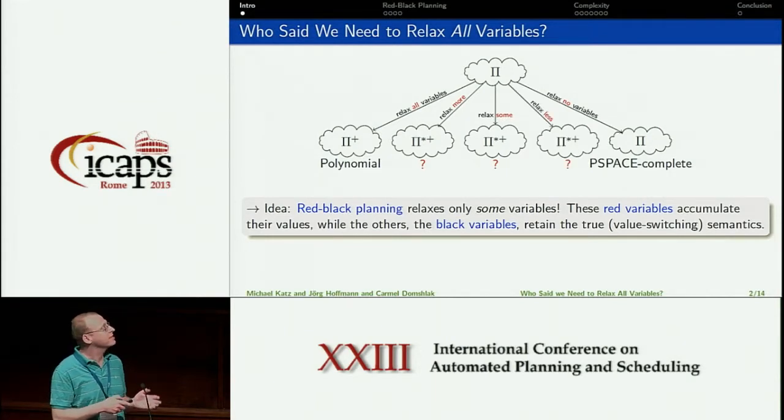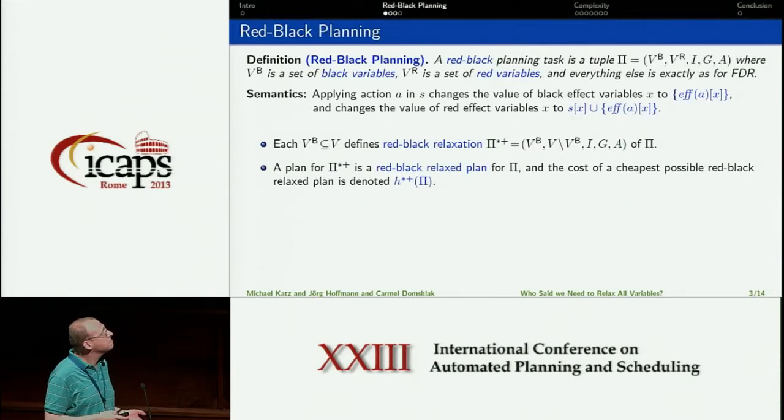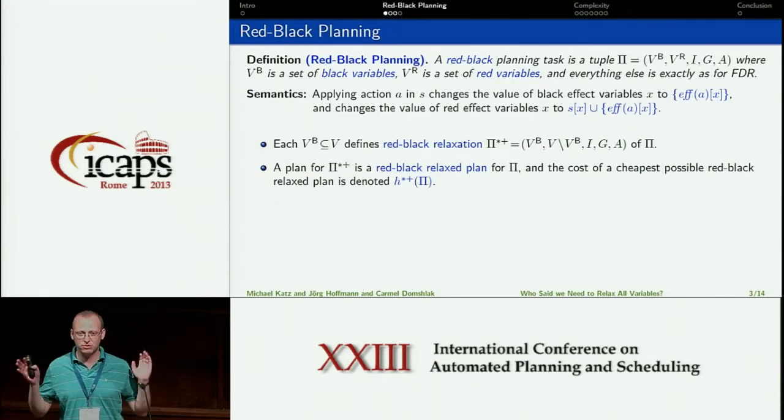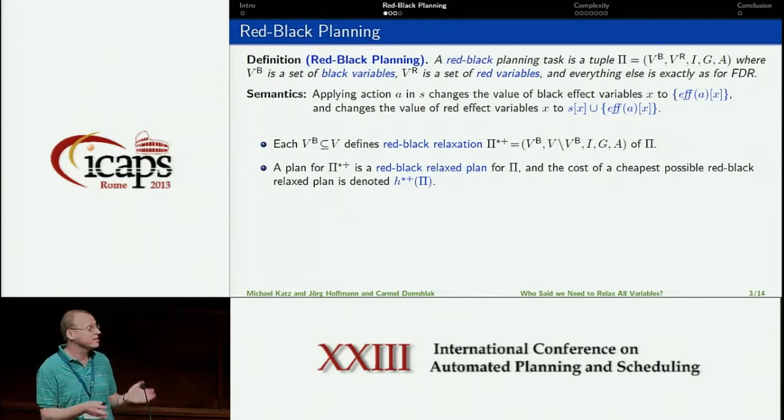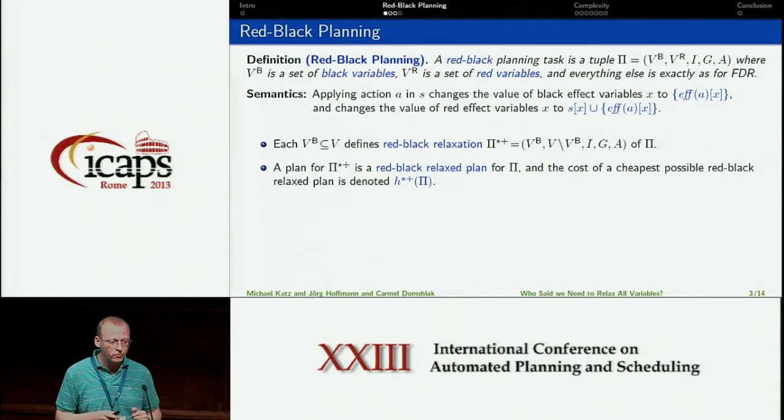If we relax fewer, we will be closer to the general case. But what is the complexity of those cases is really unclear. That's what the paper is about: we are trying to investigate the complexity of red-black planning.